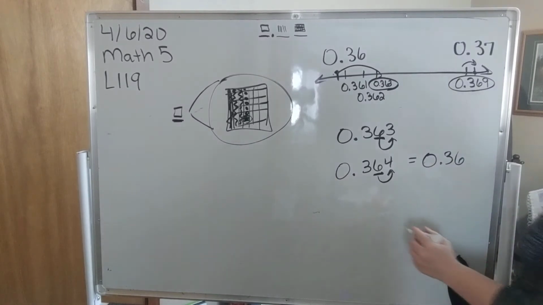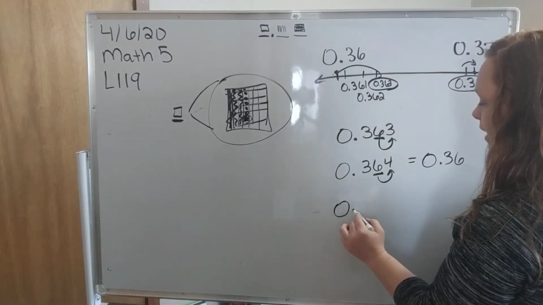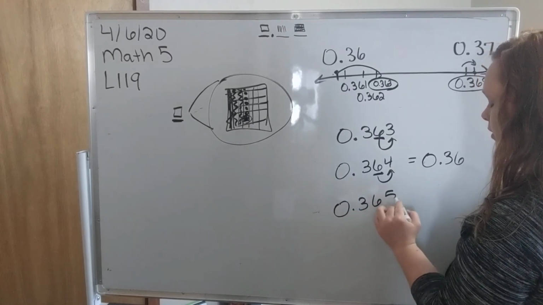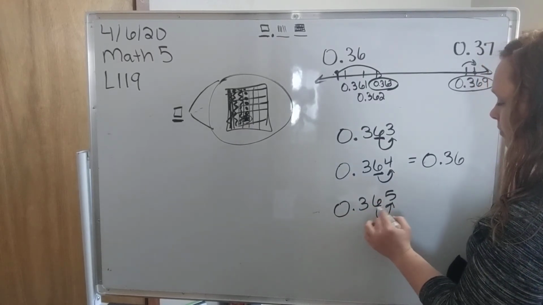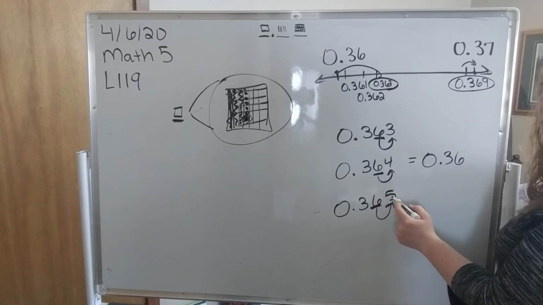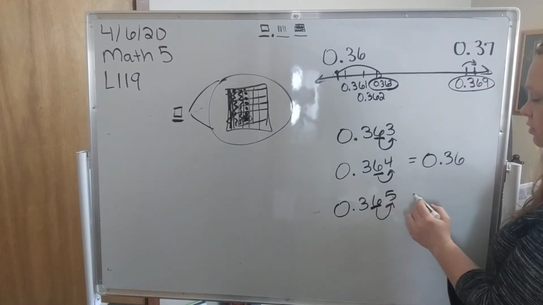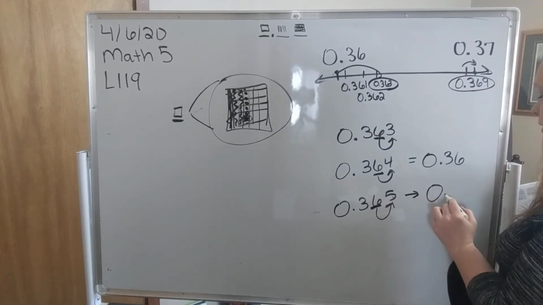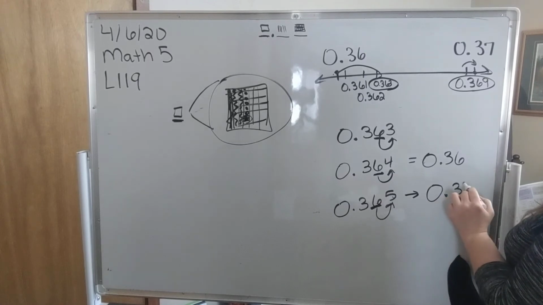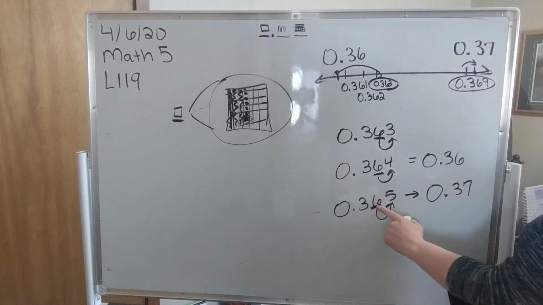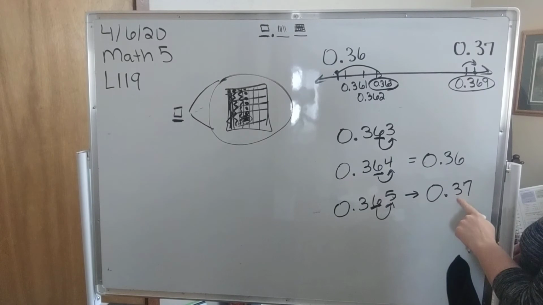Okay? But what happens when we get to a 5? I'll look to my neighbor. And the 5 always tells it to do what? To go up. So at this point, we would round up to 0 and 37 hundredths. The 6 would become a 7. Am I worried about the 3? No, the 3 remains the same.